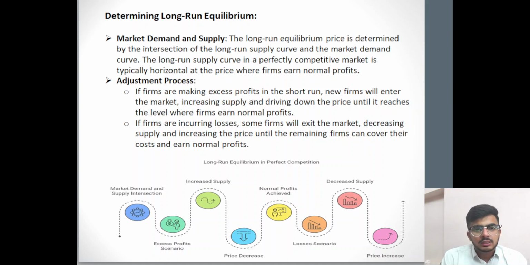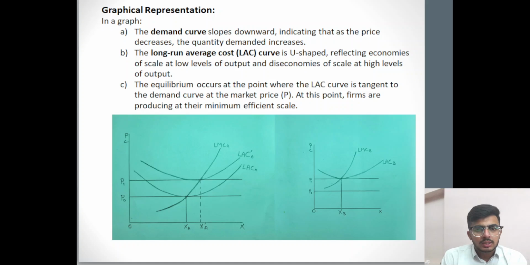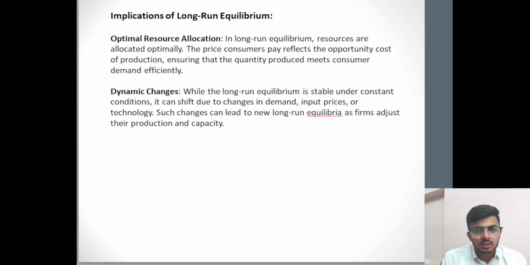And the second one is if the firms are incurring losses, some firms will exit the market, decreasing supply and increasing the price until the remaining firms can cover their costs and earn normal profits. So this is the graphical representation where the long run average cost curve is U-shaped, reflecting economies of scale at low levels of output and diseconomies of scale at high levels of output.